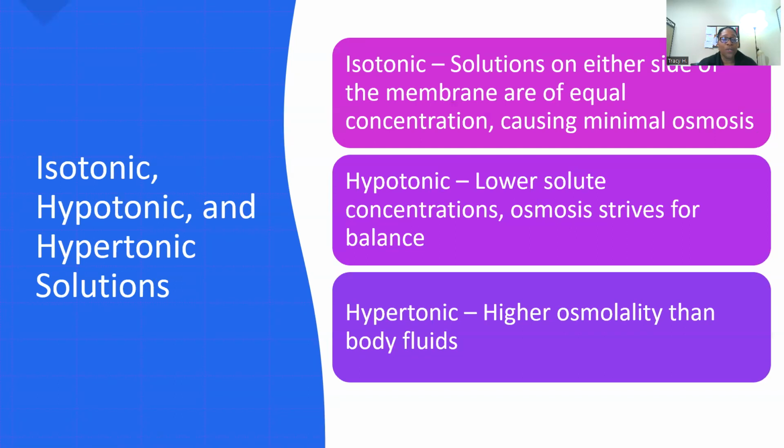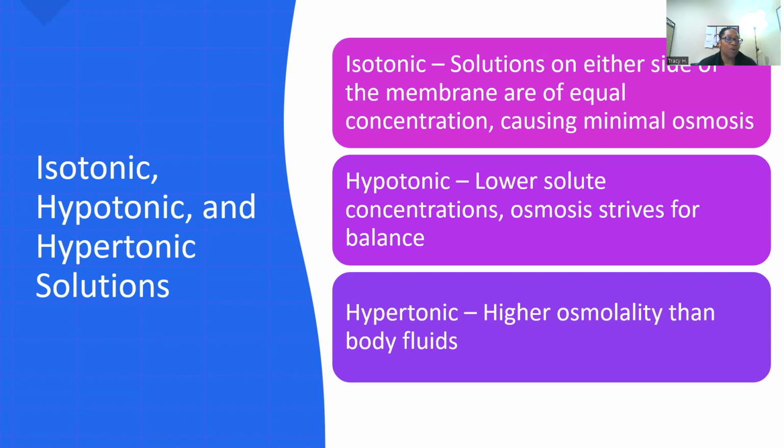So when we're looking at solutions, you have the isotonic solution where the membrane, I guess, reigns supreme. Basically, that is when the solutions on either side of the membrane achieve equal concentration.